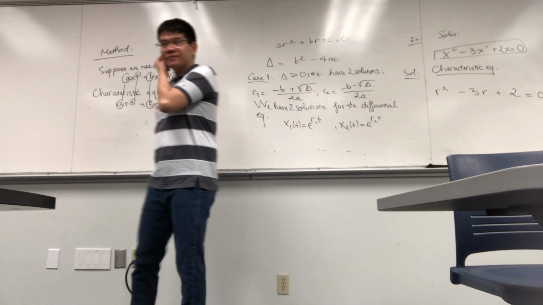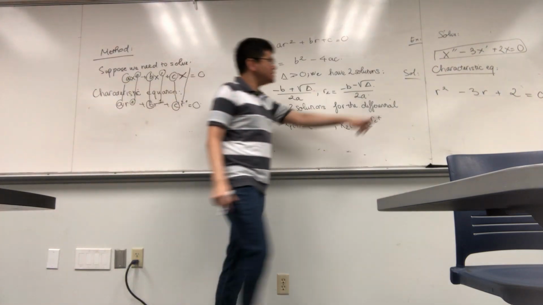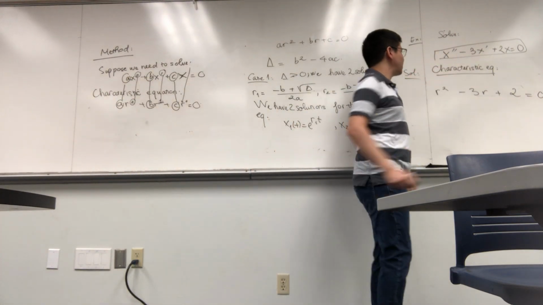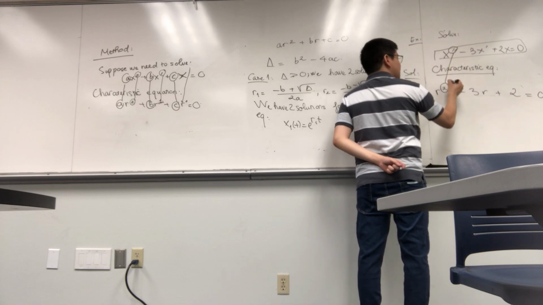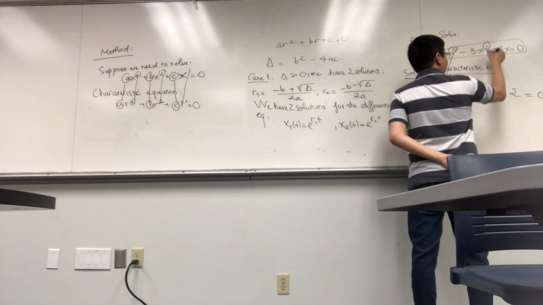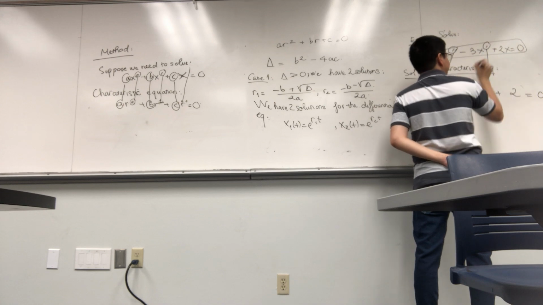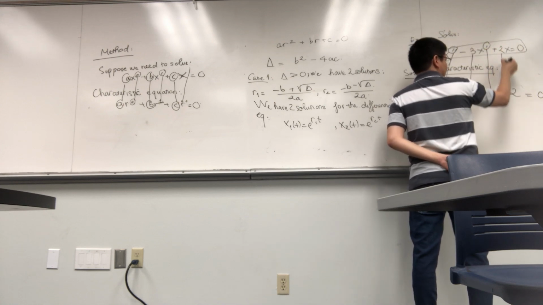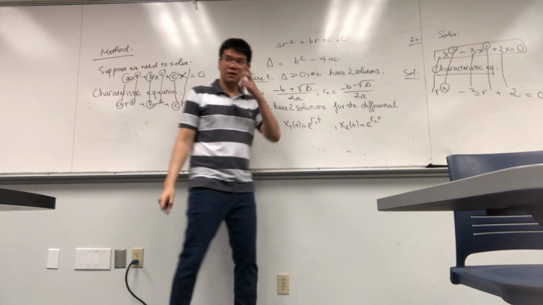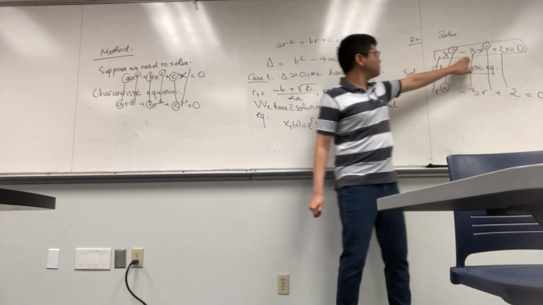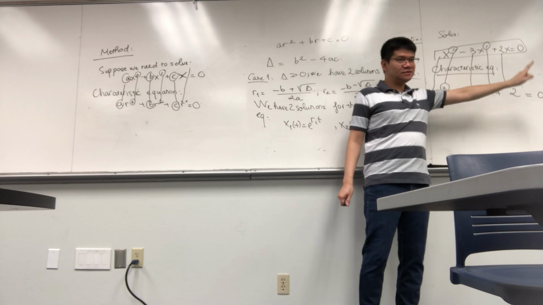All right? The characteristic equation takes the same form as this one. So you transform the second derivative into the power 2, the first derivative into power 1. Let me explain again. Here you have x'' minus 3x' plus 2x is equal to 0.